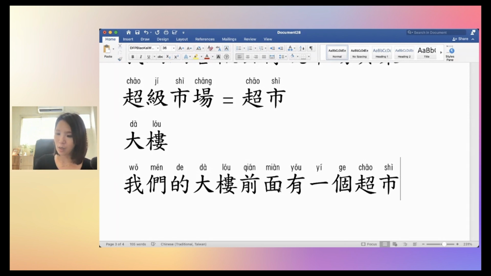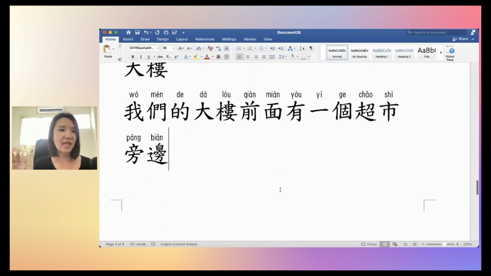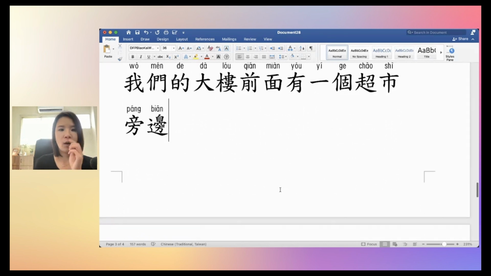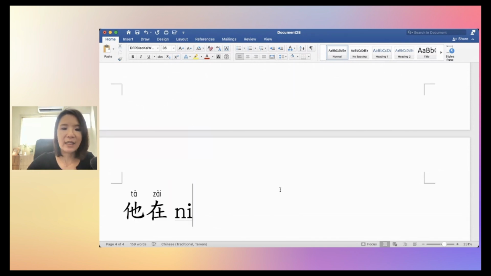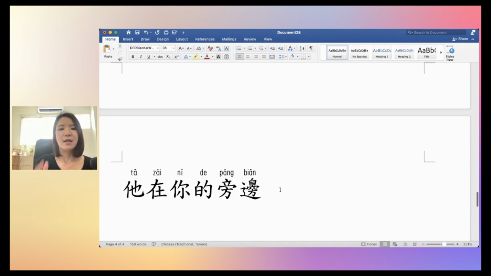Let's learn another one, which is 旁边, beside, next to. So you could say he is next to you. 他在你的旁边。He is next to you. 他在 plus the location.